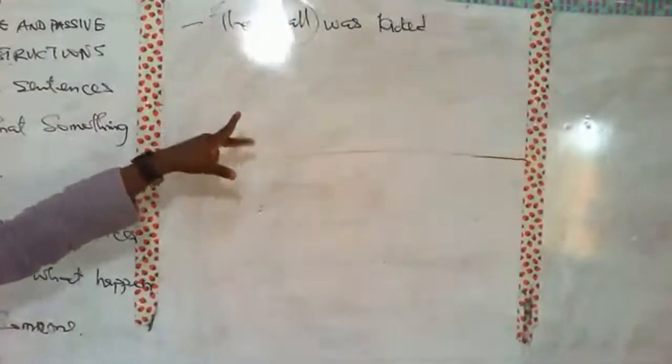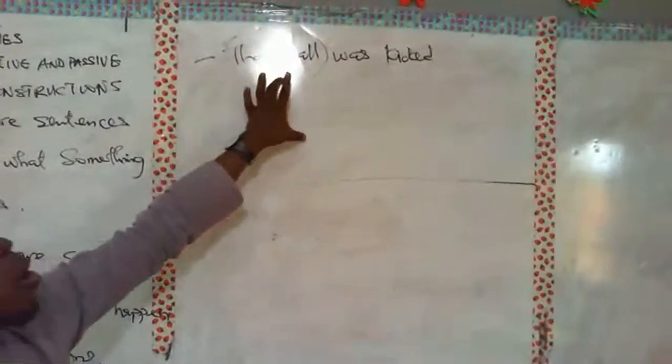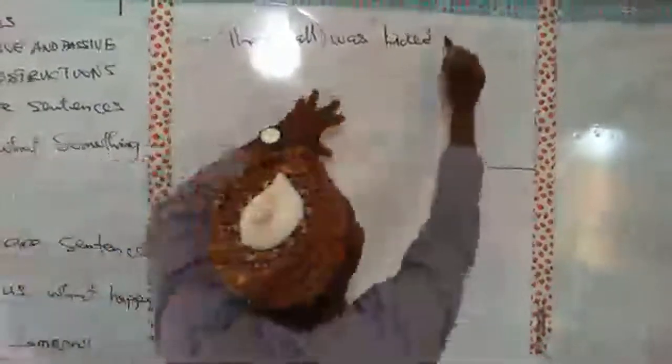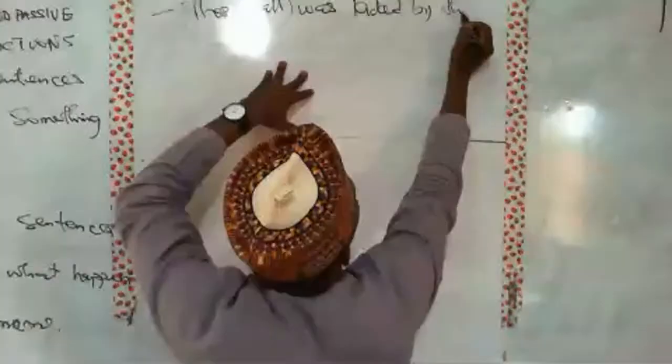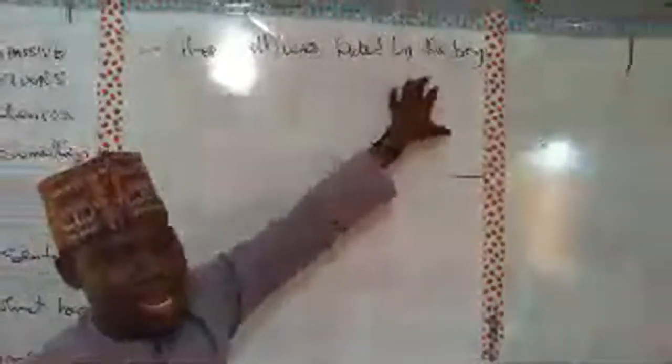This is the object. It has been moved to the position of subject right now. That's why we're having the ball was kicked. You can complete it by adding by the boy. The ball was kicked by the boy. Passive. Don't forget to add it there. That is the first example.